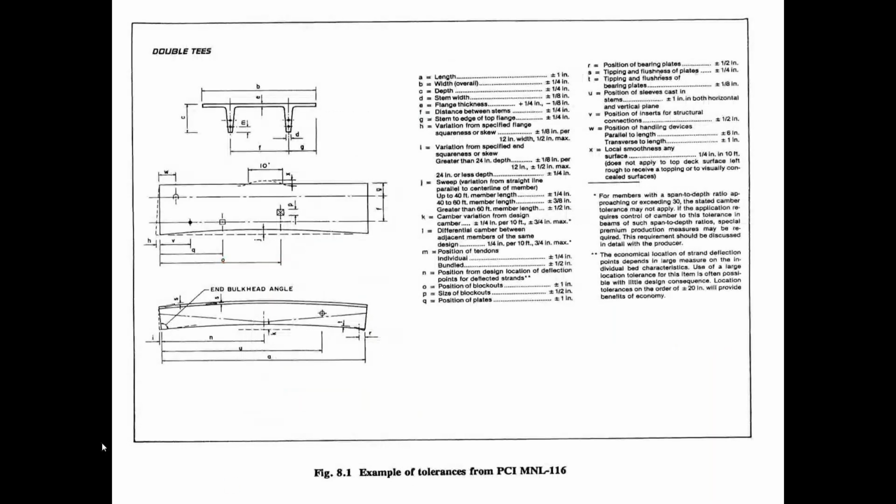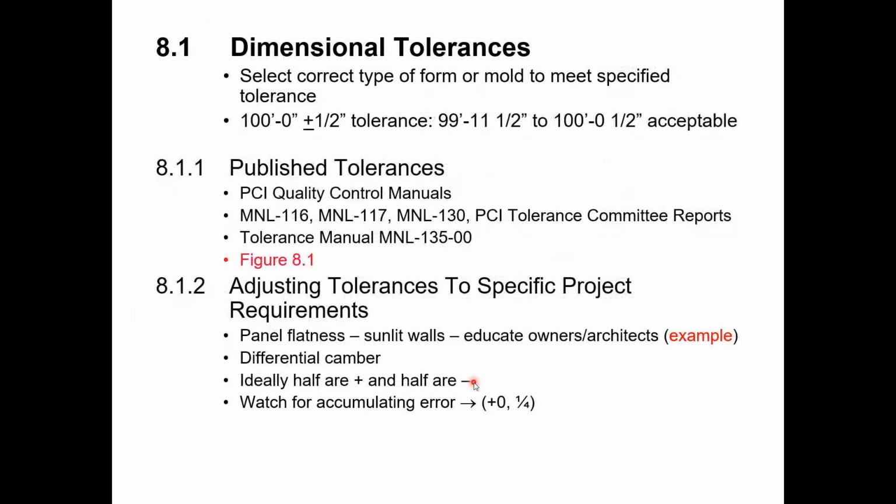So say you were looking at this double T, and the width of this double T, the tolerance for the width is plus or minus 1/4 of an inch. So what this bullet point is saying is that ideally, if they're going to be not dead on the dimension, then ideally some of them are a little high and some are a little low. And the reason for that is you want those slight variations to offset one another, so that the overall accumulating error, when you set those double T's back to back to back to back, is small.